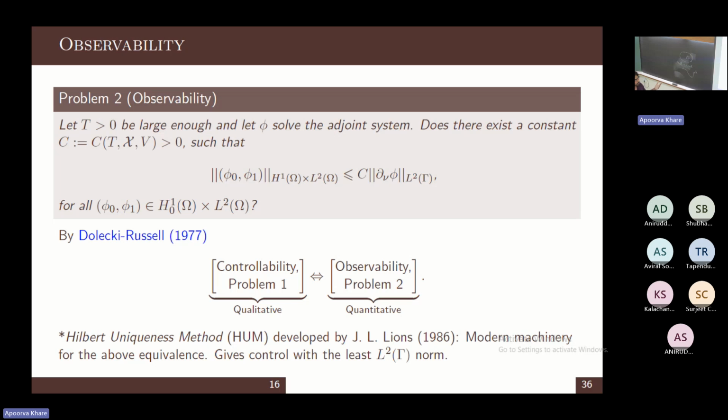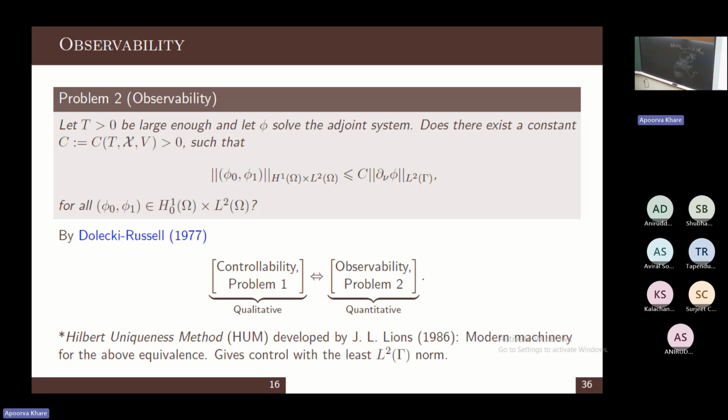I'll just write this because we'll refer to this. You don't have to remember what this is, just remember that you want to control the energy of the initial data by the thing that is being observed.